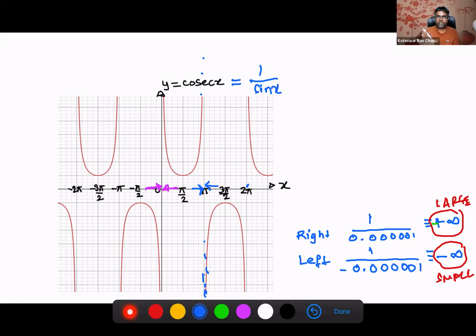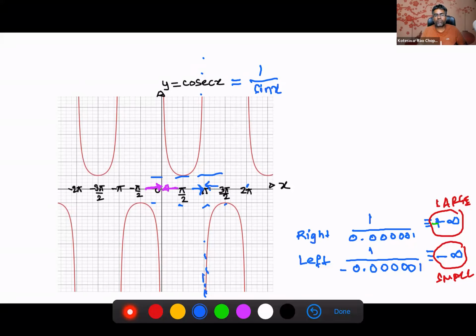Now, in between, what is happening? The reason why you don't have these values is that the minimum value of cosecant x, when sin x is positive, is 1, because you are dividing 1 over sin x.